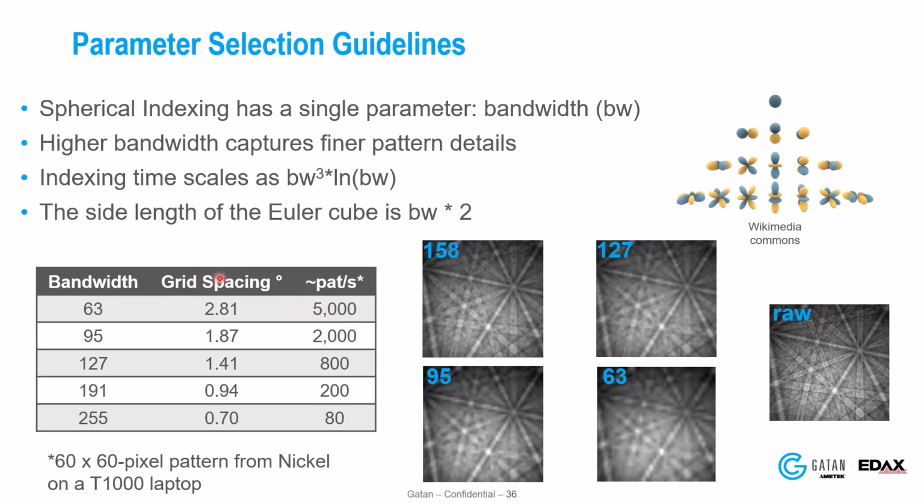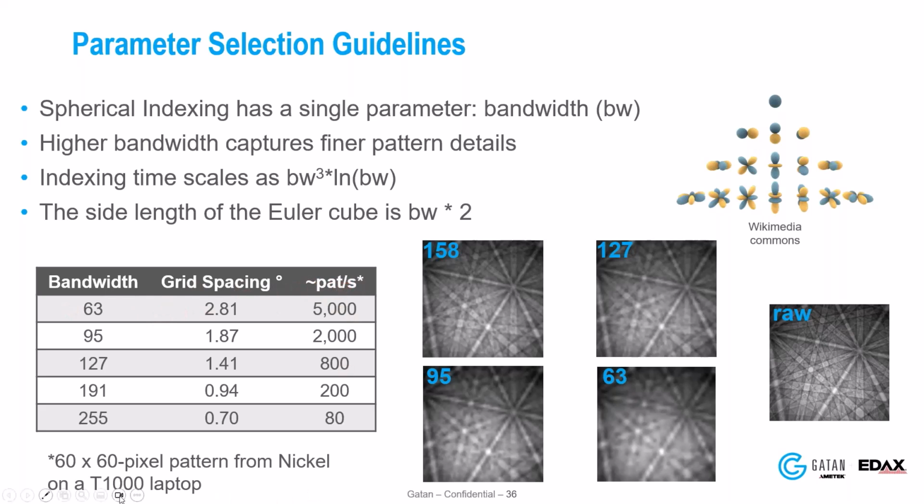The grid spacing is a little bit tricky because I'm going to talk about how we do refinement, but 63 is a pretty reasonable number we use to start with a lot of things. You can imagine with lower quality patterns, sometimes having a higher bandwidth can actually be detrimental because there's so much information we're matching against sparse information. And so 63 is sort of our normal.